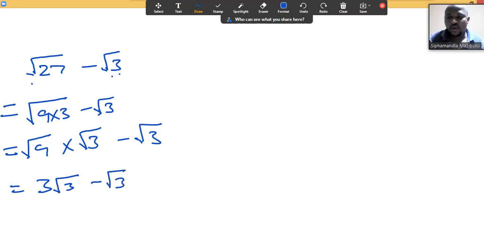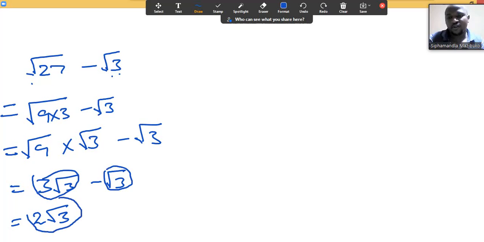It means we have 3 of root 3 minus 1 of root 3. So we'll get 2 of root 3. That's how we do it.